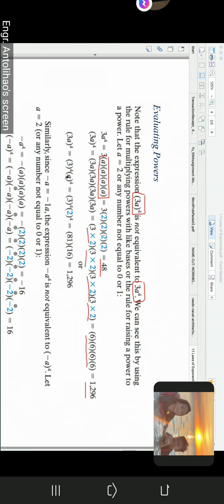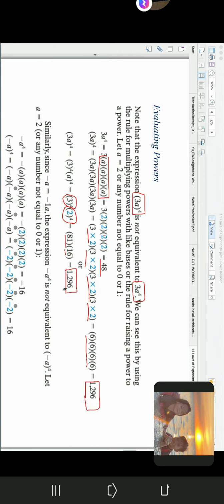Then we substitute 2 for a, so that is 3 to the power of 4 times 2 to the power of 4. When we simplify, that is 81 and 2 to the power of 4 is 16, which equals 1,296. So they are equal.